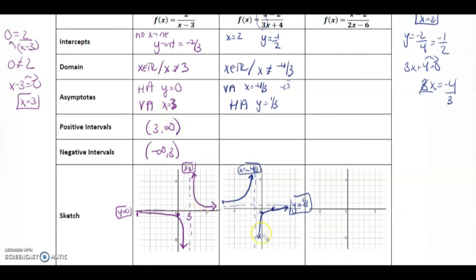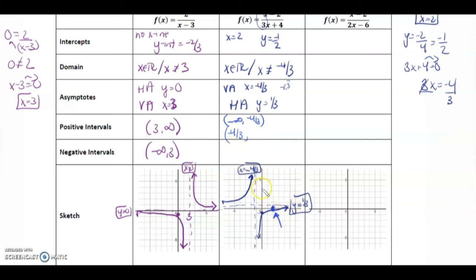Okay, so the positive intervals are going to be negative infinity to negative 4 over 3. Okay, and then again negative 4 over 3 to this x-intercept, which is 2. Negative intervals are going to be, sorry, yeah, that's positive.